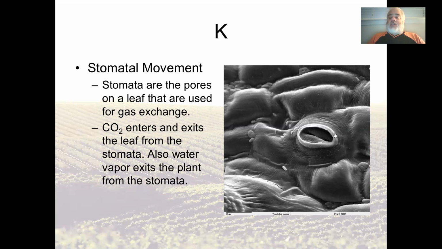To close the guard cells, pump potassium out, and the water will follow by osmosis. As long as the guard cell is open, photosynthesis can occur because carbon dioxide can move into the leaf, so there's plenty of carbon dioxide as the raw material for photosynthesis, and the excess oxygen can move out.